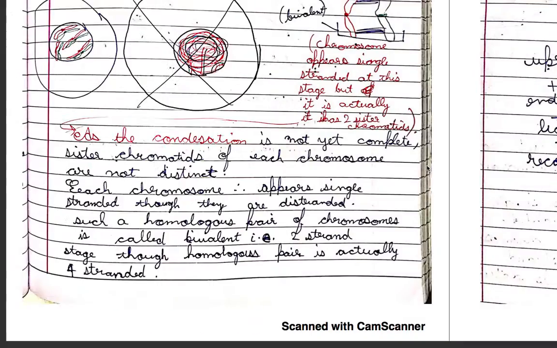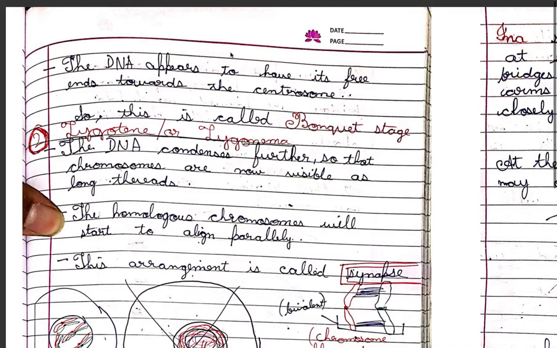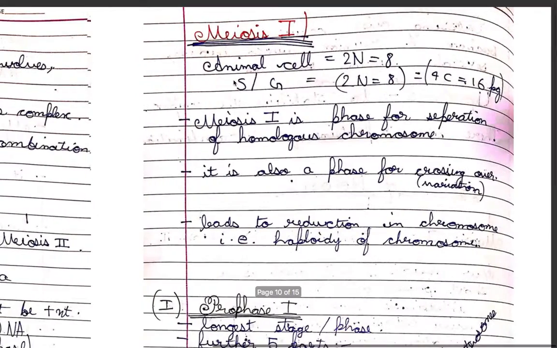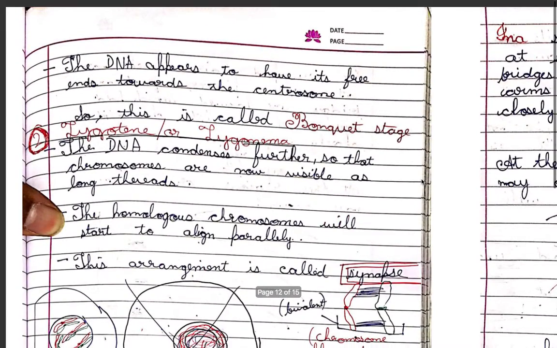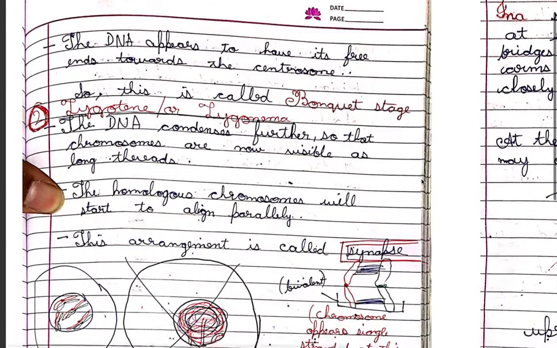And the main thing here is that the DNA appears to have its free ends toward the centrosomes. That is, there are two pairs of centrosomes, so the start and the end of these chromosomes will be near the centrosomes. This is called the bouquet stage.